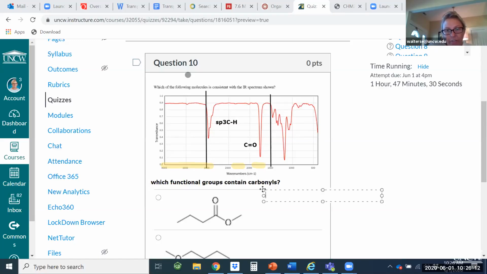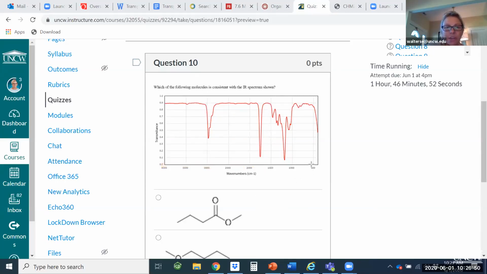And so you have carboxylic acids, ketones, aldehyde, and esters. Okay. All right, it can't be a carboxylic acid because it doesn't have a jagged OH stretch. So ketone, aldehyde, ester. I'm going to have to clear this stuff, but I can undo it and come down to see my list.